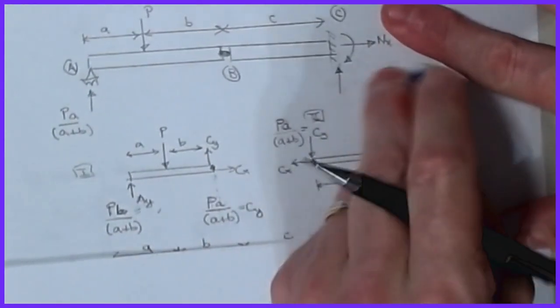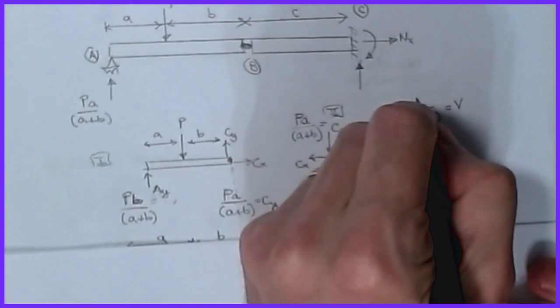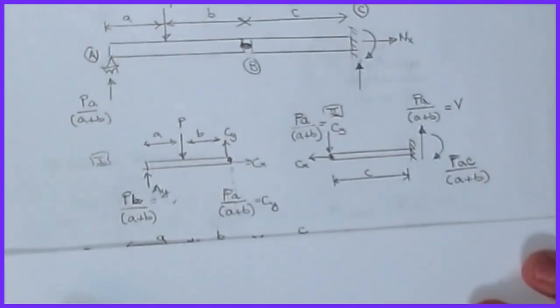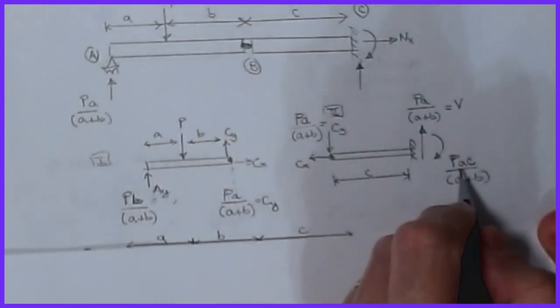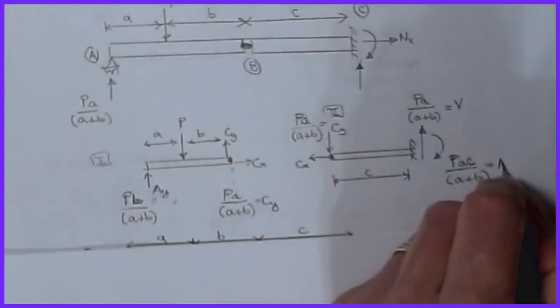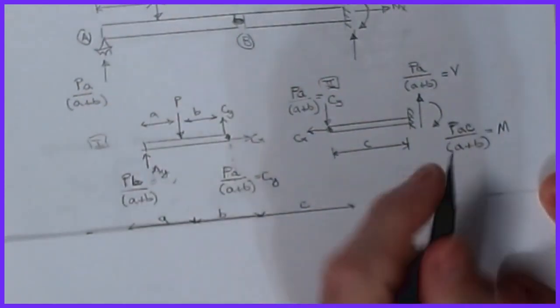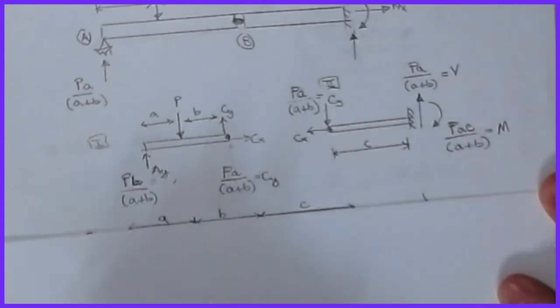Let me fix that real quick. Okay, Pa over a plus b, that's my V, and then Pa times c over a plus b becomes my moment. Notice that it's now in a counterclockwise direction.